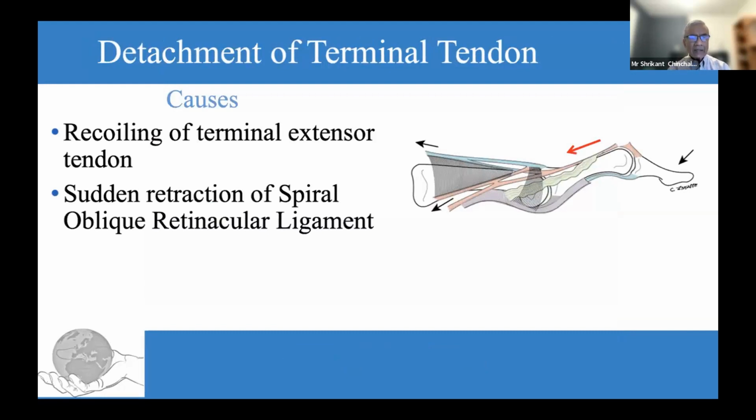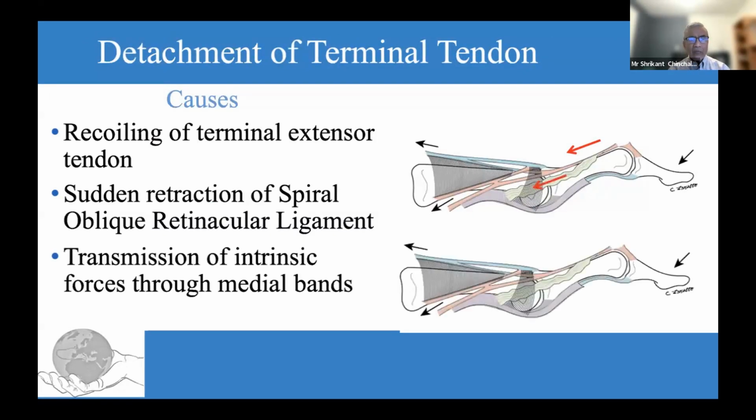Upon detachment of the terminal tendon, there is a sudden retraction of the spiral oblique retinacular ligament. The combined vectors of intrinsic forces through the medial band and the forces of the central slip together produce a hyperextension load of the middle phalanx in relation to the proximal phalanx, causing a swan neck tendency.